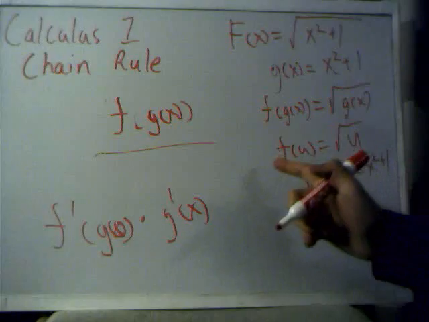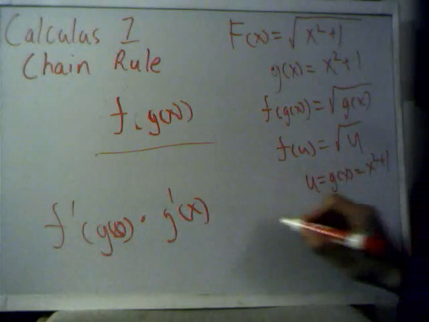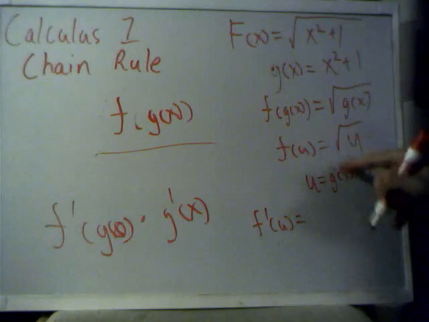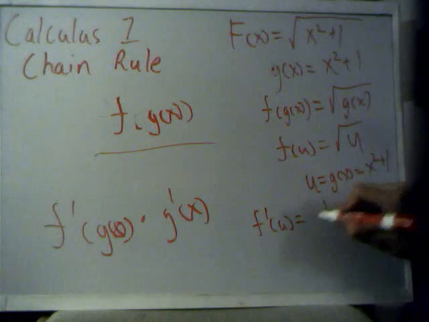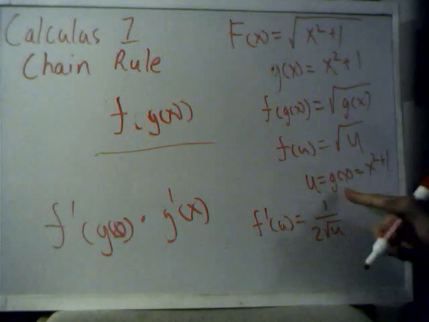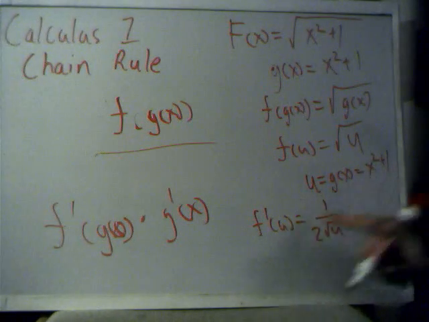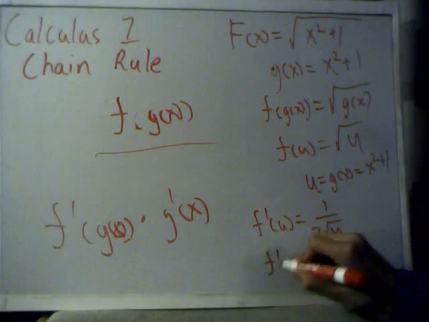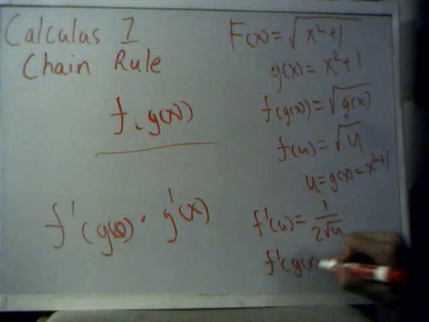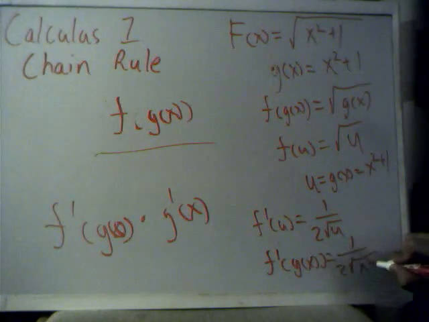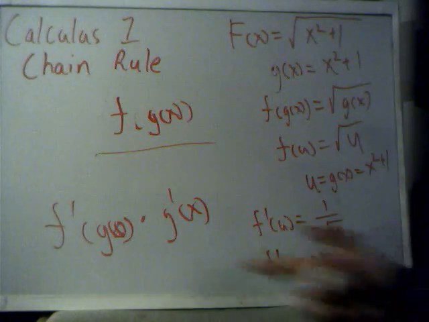So in effect, this right here becomes f prime of u. And since it's a square root of u, f prime of u would just be 1 over 2 square root of u. And since u is equal to g of x, which is equal to x squared plus 1, you simply plug g of x back in to get f prime of g of x is equal to 1 over 2 times the square root of x squared plus 1. So this is your first part of the equation.